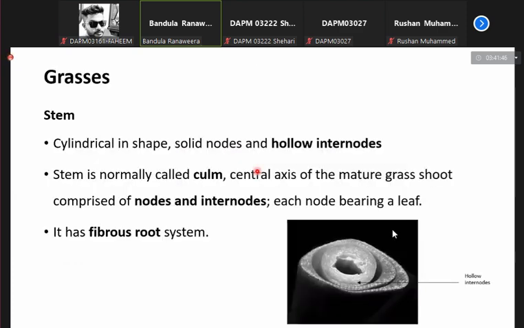If we consider the grasses first, the characteristics are normally given in different places. Mainly if we consider the stem, in a cross section, it is cylindrical. The nodal area is solid, and the internode is hollow.